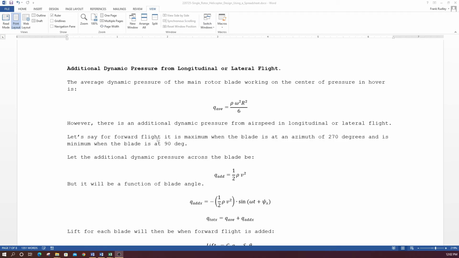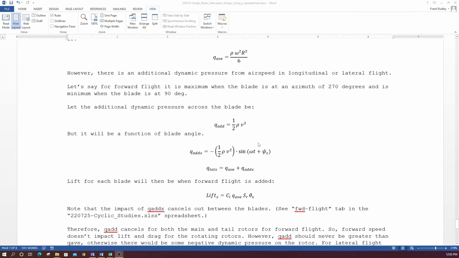So let's say in forward flight, which is longitudinal, it is maximum when the blade azimuth is at 270 degrees, and minimum when the blade is at 90 degrees. So the dynamic pressure is higher than this just because of the forward motion of the aircraft. But Q add we found is also a function of the blade angle and the azimuth.